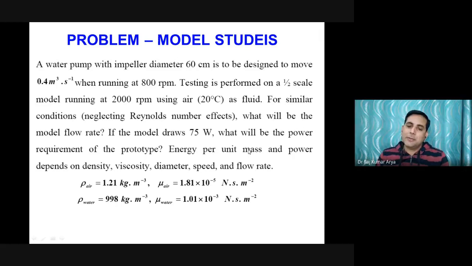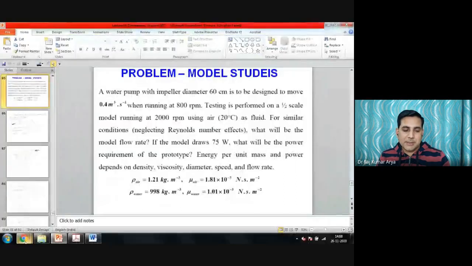So if you take that also, you will get one more number, which will become a head coefficient. So all the time you first find your dimensionless groups, equate them from model to prototype, and the design calculation part is over. Fine. So this completes the dimensional analysis part here.